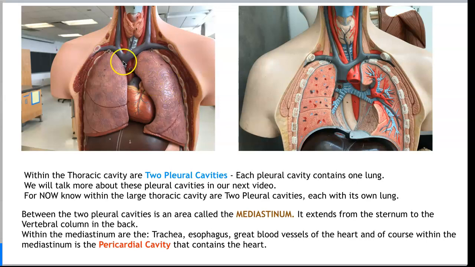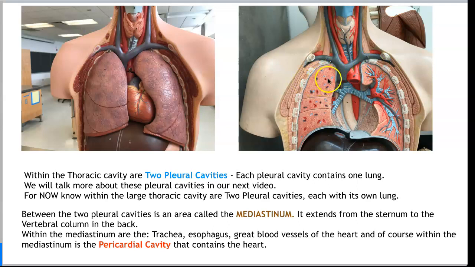And in between the two pleural cavities, we're going to go to this picture, this torso model. Here they've done a frontal or coronal section of the lungs, so you can see deeper into this area. We're getting a back picture of this part of the thoracic cavity.